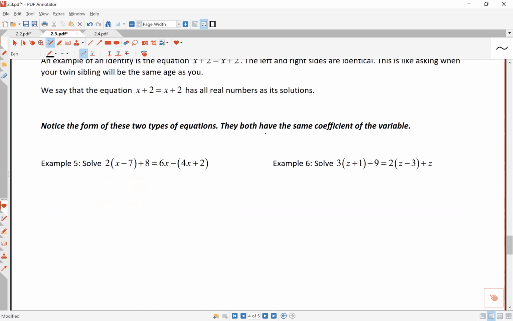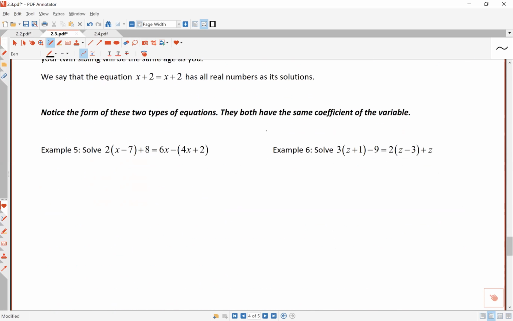But what you'll see in this equation in example 5, when I distribute and collect like terms, 2x minus 14 plus 8 and 6x minus 4x minus 2, the left side becomes 2x minus 6, and the right side becomes 2x minus 2.